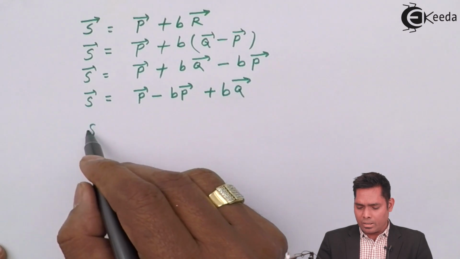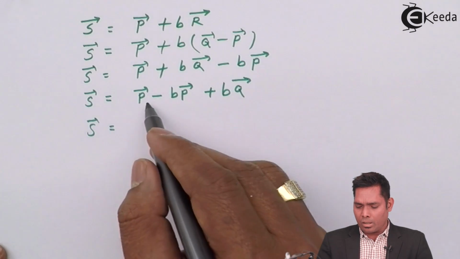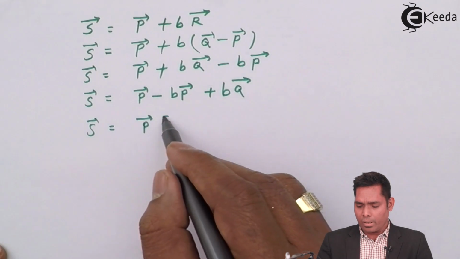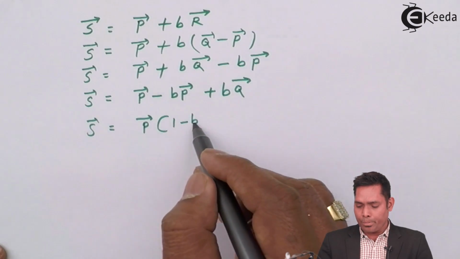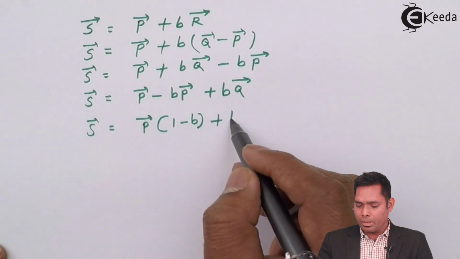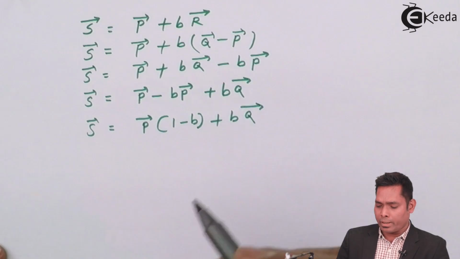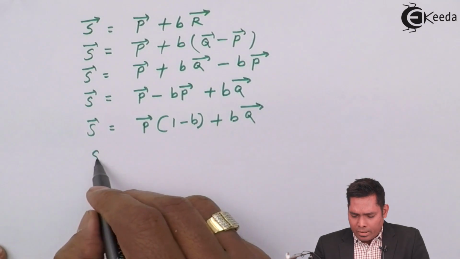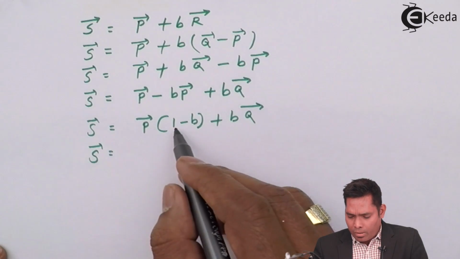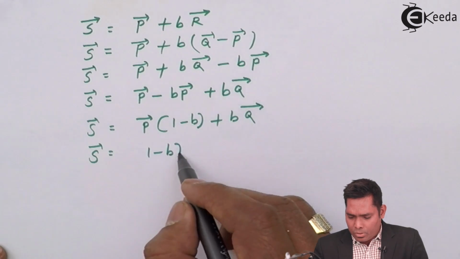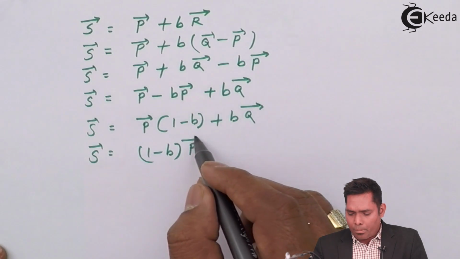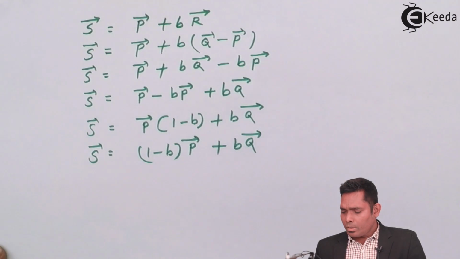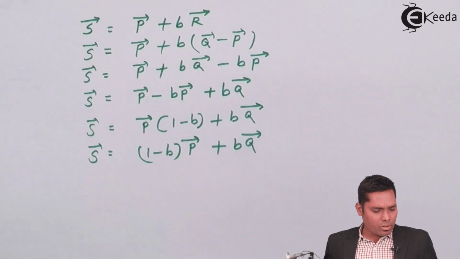From this I can take the P vector common, so I will have 1 minus B, and plus B times the Q vector. This S vector finally is 1 minus B times the P vector plus B times the Q vector.